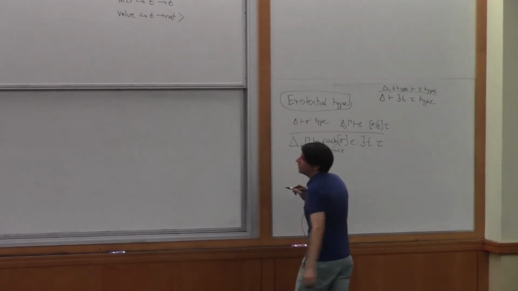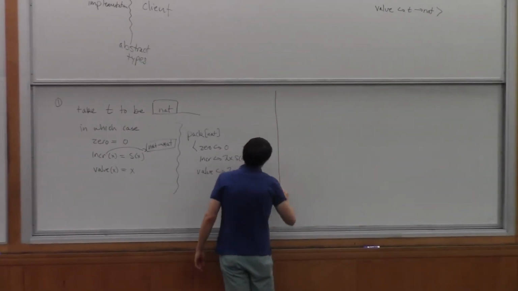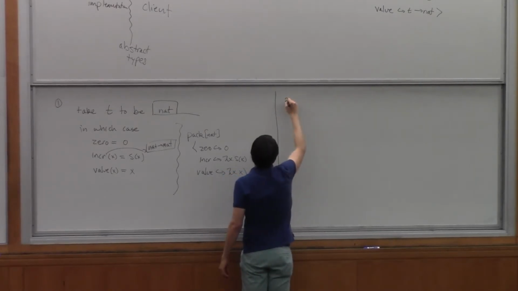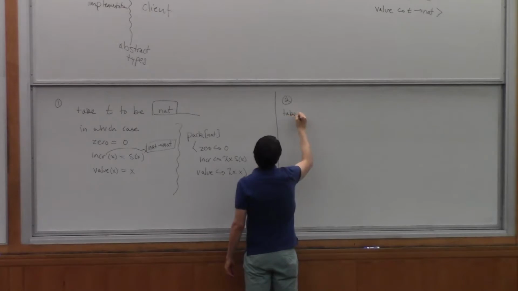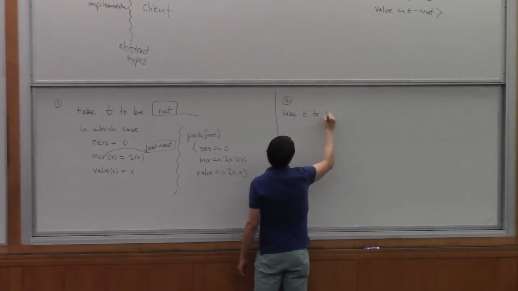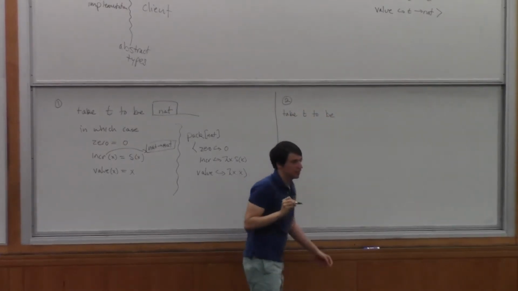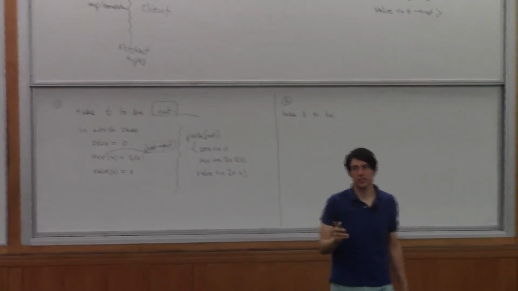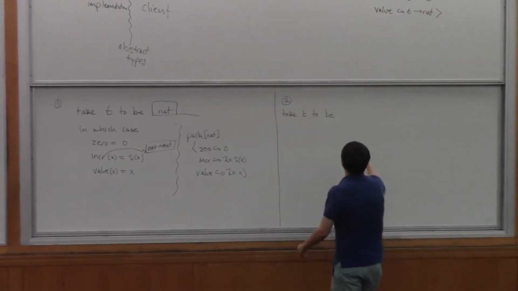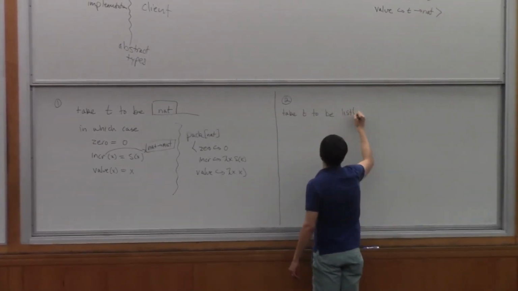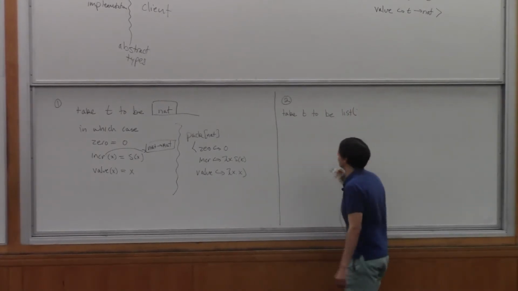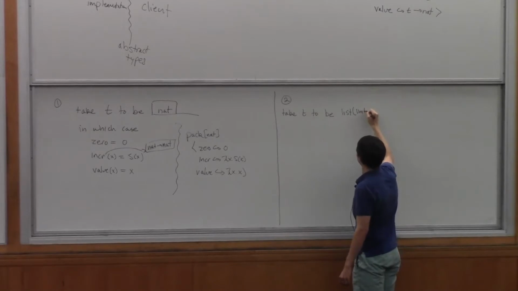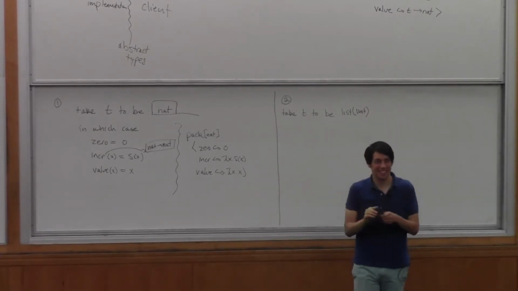Okay. So that was a very simple-minded implementation. Let's come up with a better one. Take T to be list of... okay. Where are we going with this?